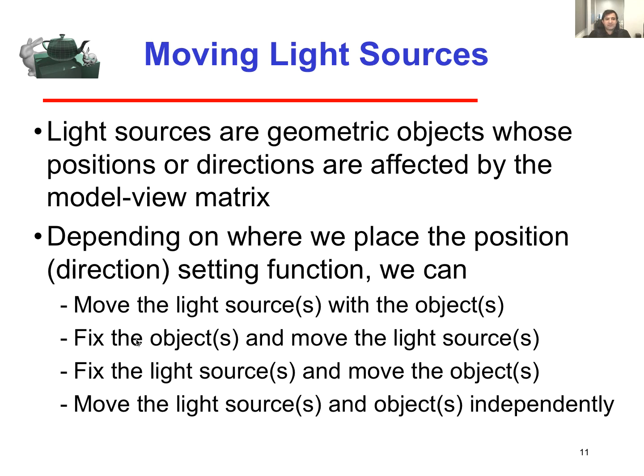Or we fix the object and we move the light source, or we fix the light source and we move the object. And finally, we can have both of them moving in different ways independently. So we have tremendous flexibility, and it's just a question of where we place things relative to setting or changing the model view matrix.